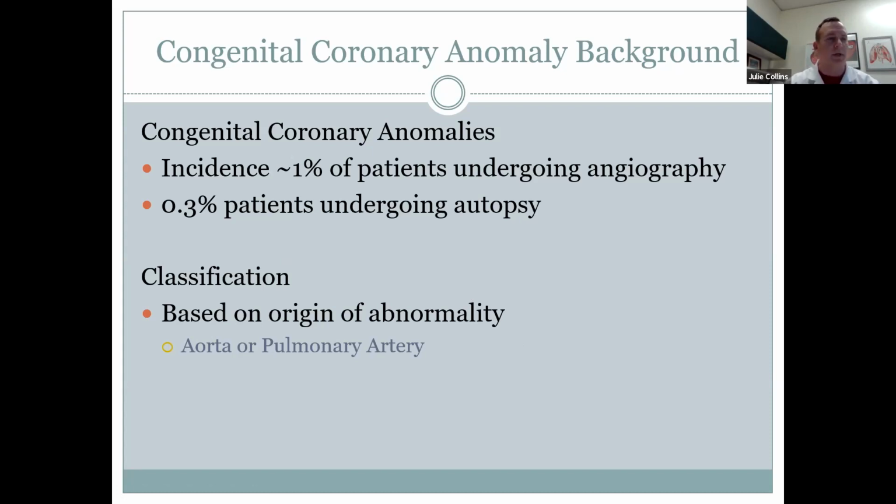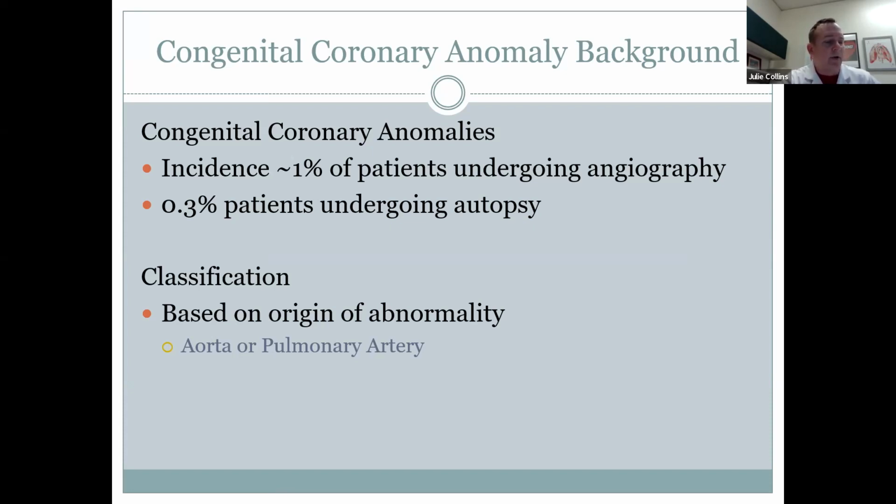I'll start with the last part of Tuesday's lecture. We ended talking with congenital mitral valve abnormalities. So we're going to move on to congenital coronary anomalies. The incidence of congenital coronary anomalies is very low. It's been reported around 1% of patients undergoing angiograms, and about 0.3% of patients undergoing autopsies have been shown to have coronary anomalies.